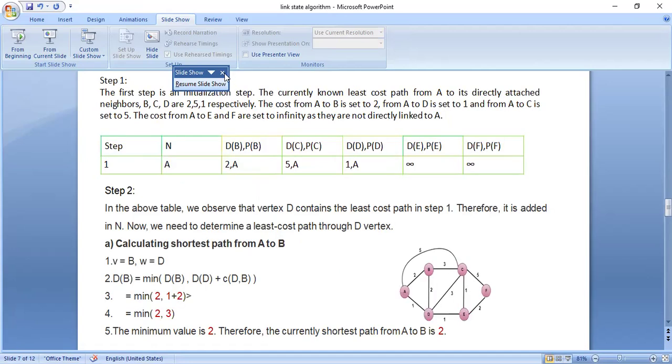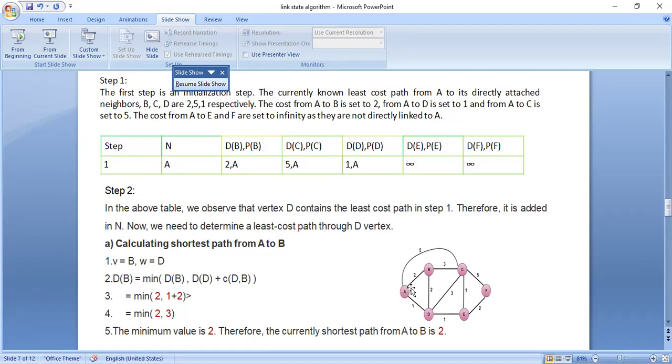For the initial step, step one, the initialization step, first you have to fix the root node. Here in this graph, we fix A as the root node. All the other nodes, that is B, C, D, E, F, are visitor nodes. So what are all the nodes directly connected to the source, that is the root node?